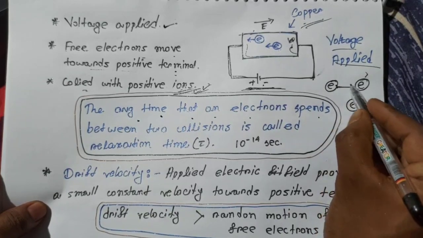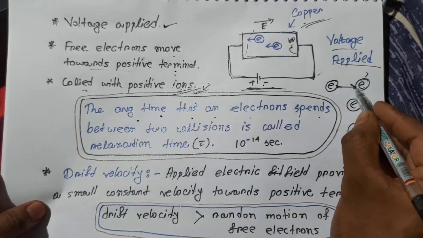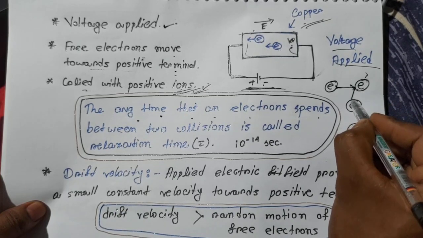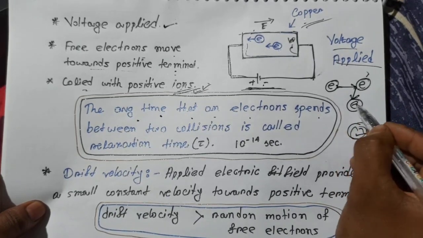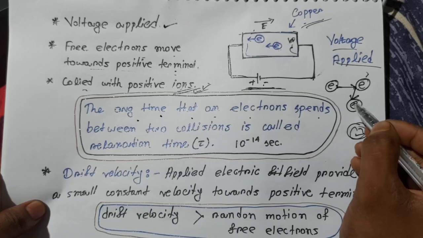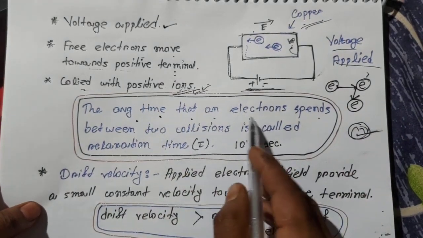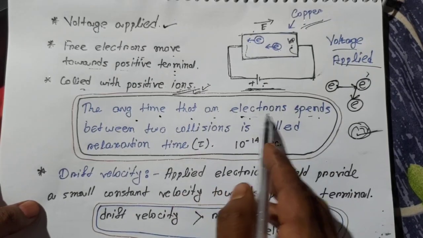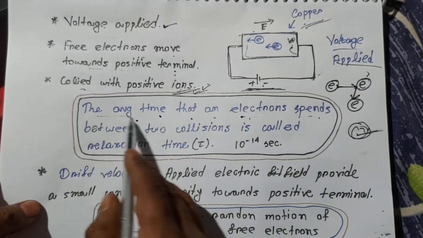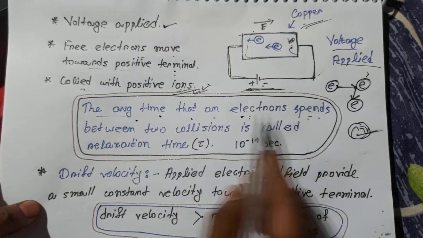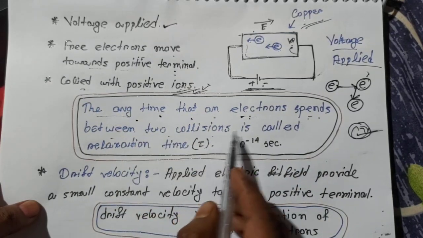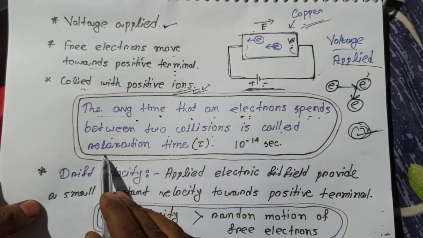Suppose this electron collides with this electron, then it changes direction and collides again with this electron. So what it's saying is, the average time that an electron spends between two collisions is called relaxation time.